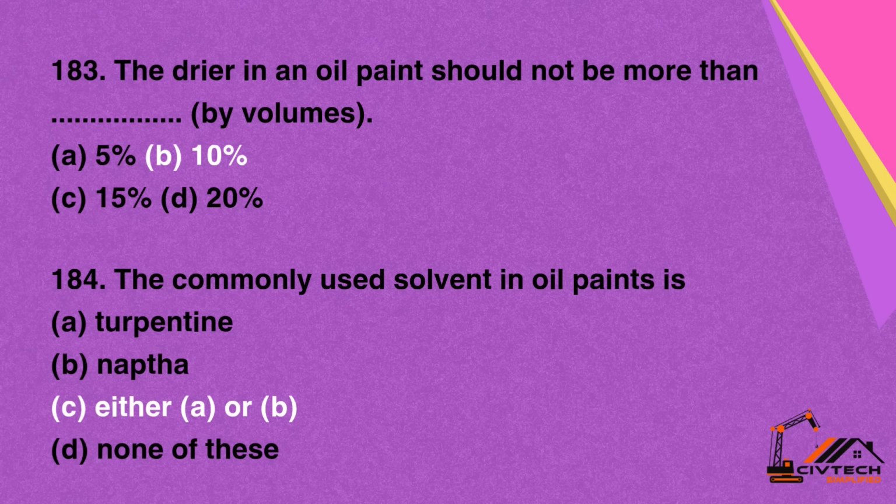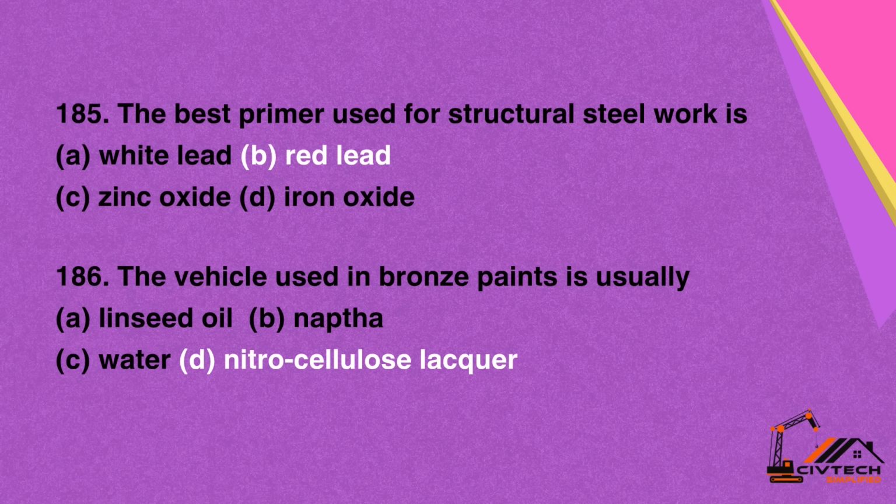Correct option, C. Either A or B. 185. The best primer used for structural steelwork is A. White lead, B. Red lead, C. Zinc oxide, D. Iron oxide. Correct option, B. Red lead.